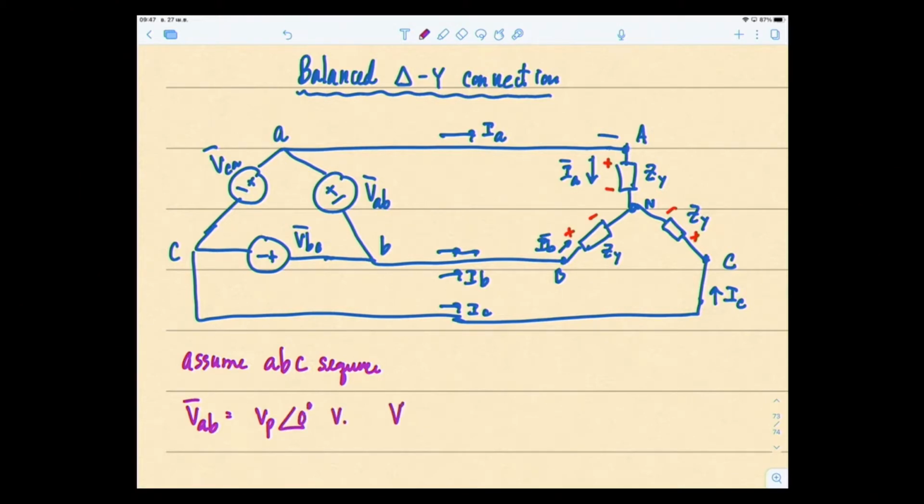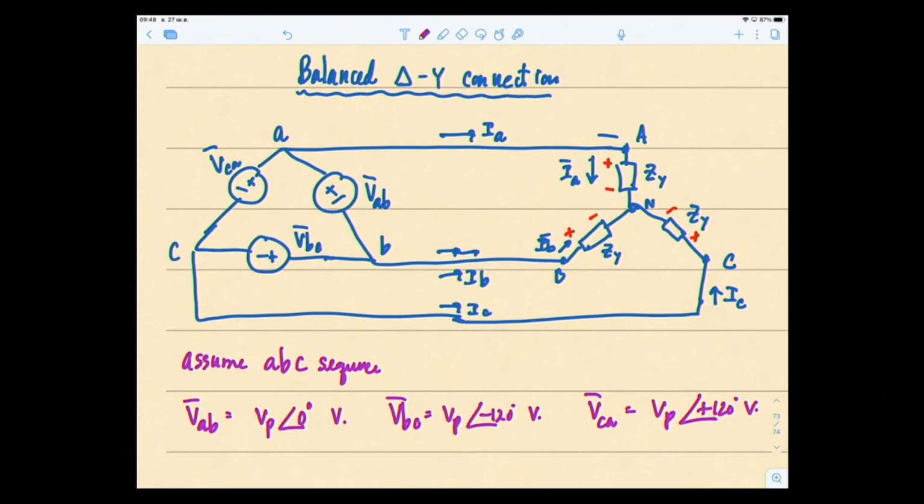VBC is equal to V phase minus 120 degrees volt, and VCA equal to V phase plus 120 degrees volt. So this is the so-called voltage source on each phase.